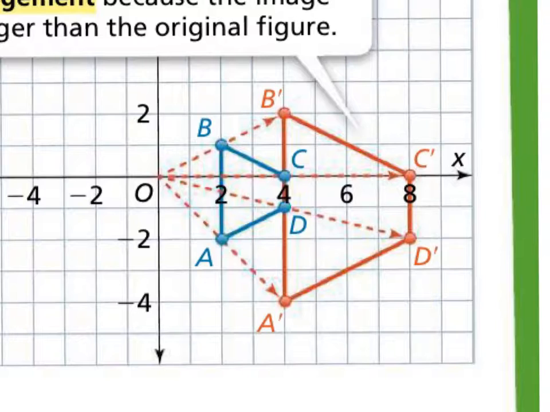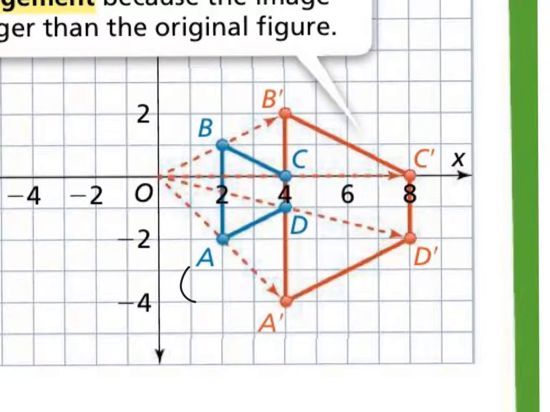It's going to be basically 2 times bigger than what it was before. So A, to start with, A was at 2, -2. Scale factor is 2. We're just going to multiply both of those by 2. So 2 times 2 is 4. -2 times 2 is -4. That's how we would get this 4, -4 that they have here.